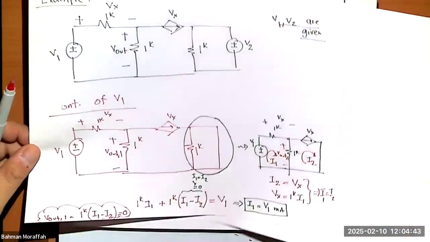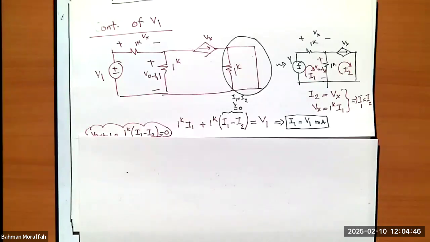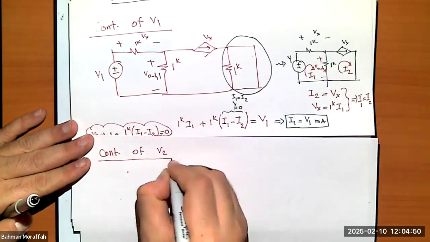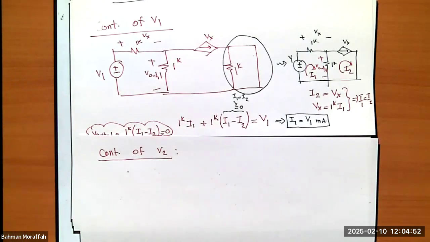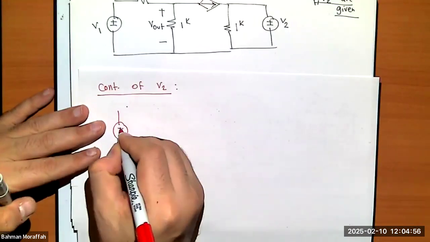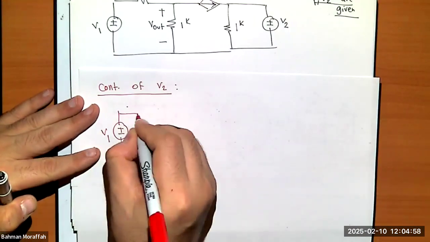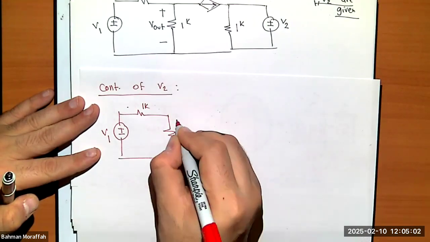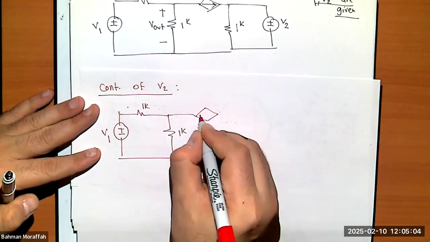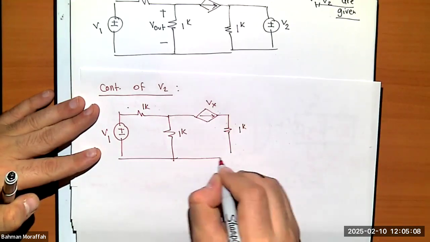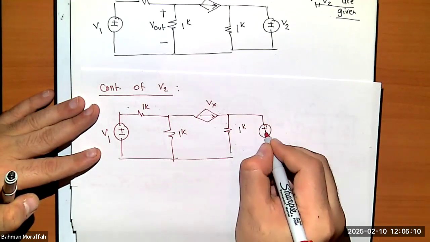Let's find contribution of V2. Again, I'm going to have to keep V2 and get rid of V1. So what I have here is that this is V1, this is 1K, this is another 1K, this is Vx, this is 1K, and this is V2.